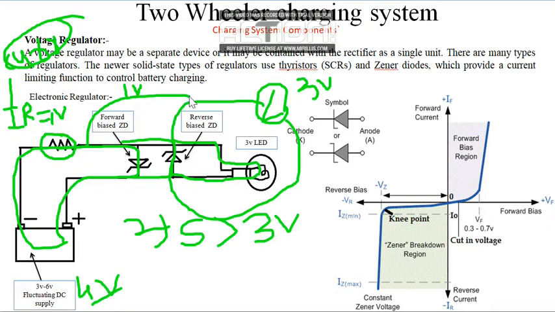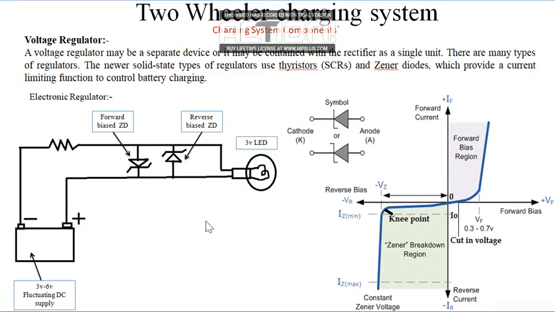At this point, if I connect a voltmeter, I'm getting 3 volt. But if I connect the voltmeter to this point, I'm getting 4 volt. So the reverse biased Zener diode is responsible for making a drop in current in such a way that the voltage across this reverse bias conducting Zener diode remains 3 volt.